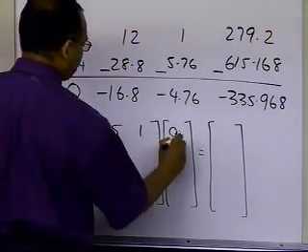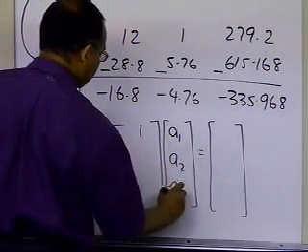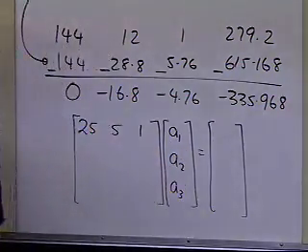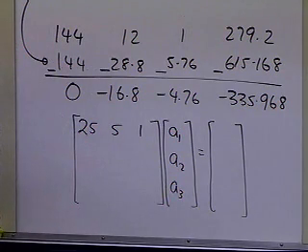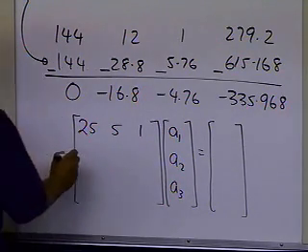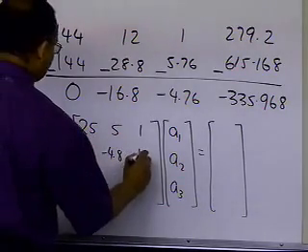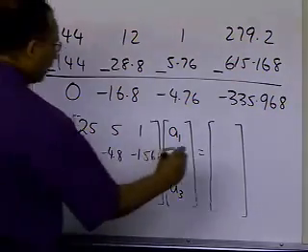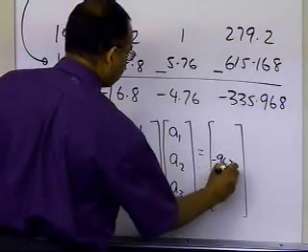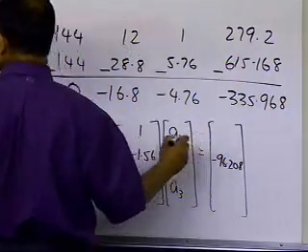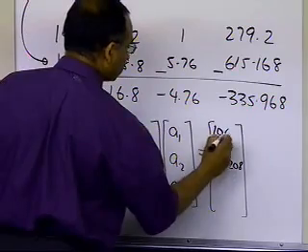So the first equation does not change because that's what we use to make the first column under the first row to be 0. Then this became 0, minus 4.8, minus 1.56, and minus 96.208. This number here stays to be 106.8.